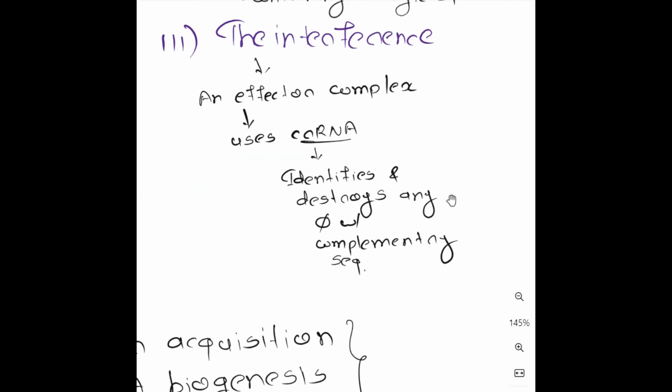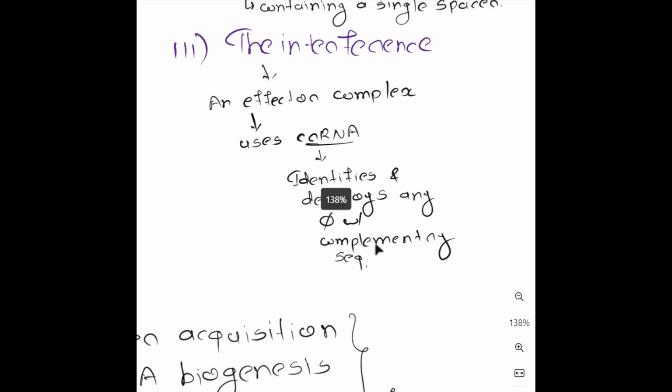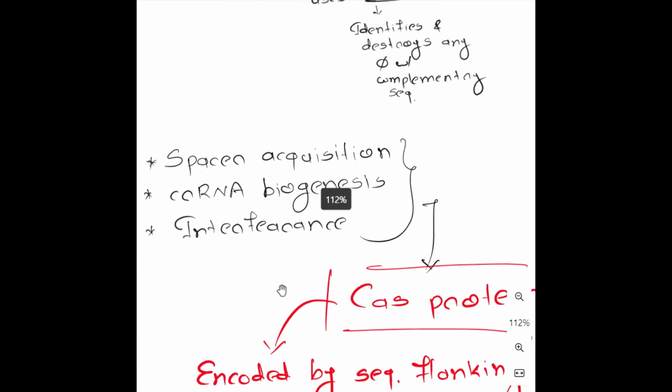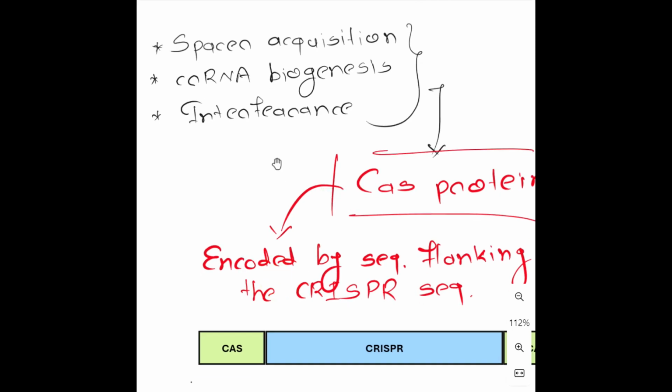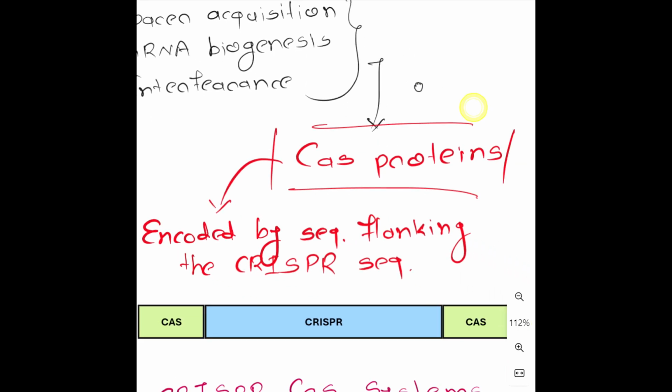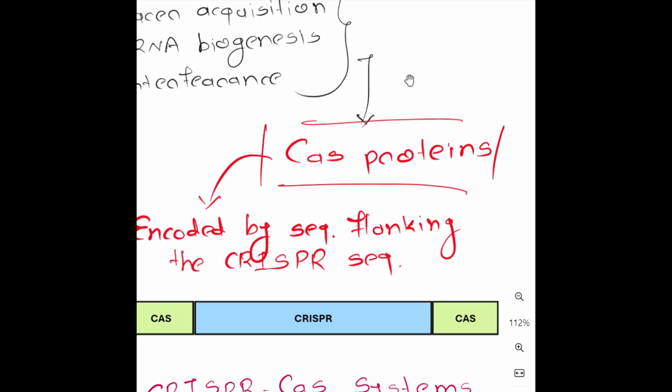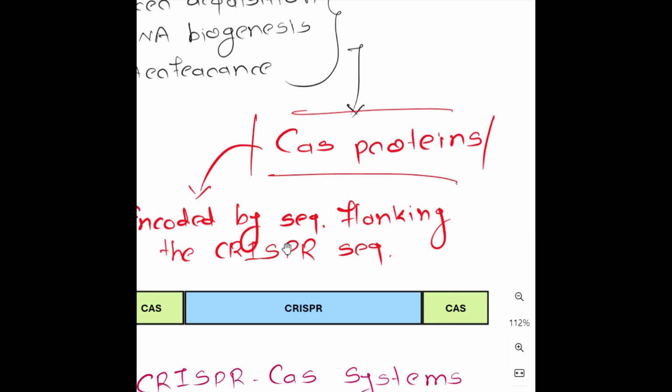In the interference stage, an effector complex uses the cRNA to identify and destroy any phage or plasmid that has complementary sequences to the spacer sequence of the cRNA. These three steps are carried out primarily by Cas proteins, which are encoded by Cas genes flanking the CRISPR array.